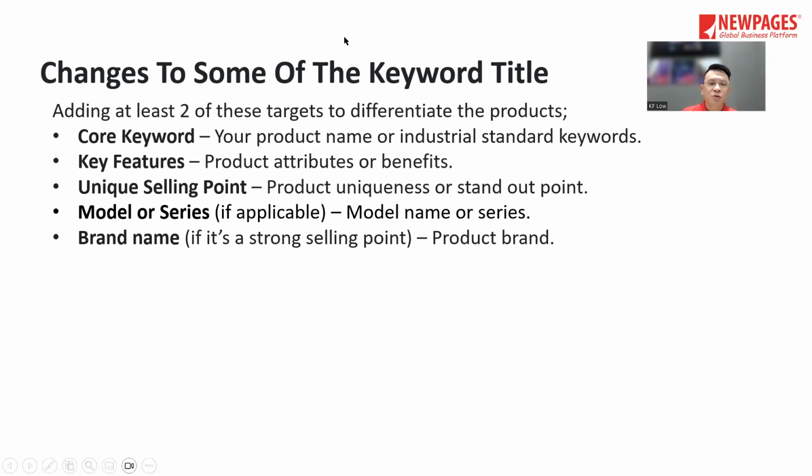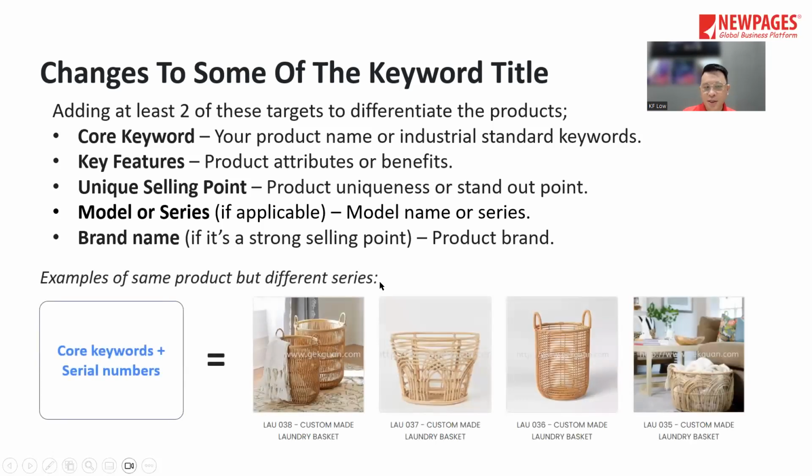All right, here I'll show you one example, the same product but a different series. This is from one of our clients. They combine core keywords, which is their product name, laundry basket, with the unique selling point, custom made, because they allow their clients to custom make.